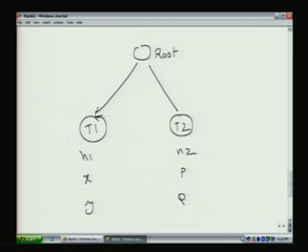Now, assume that T1 wants to acquire a read lock on X, and then also wants to acquire a read lock on, let us say, P, a remote lock. Which means that it has to send its lock request to the other node N2.